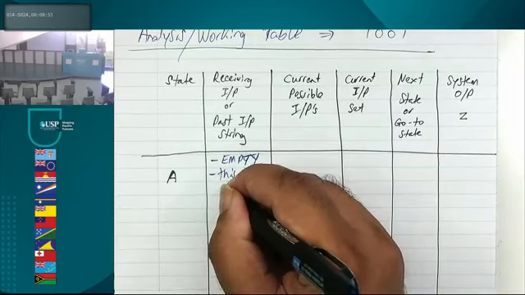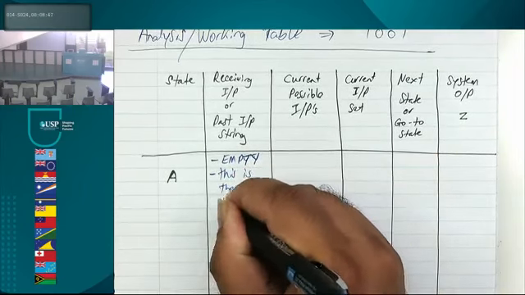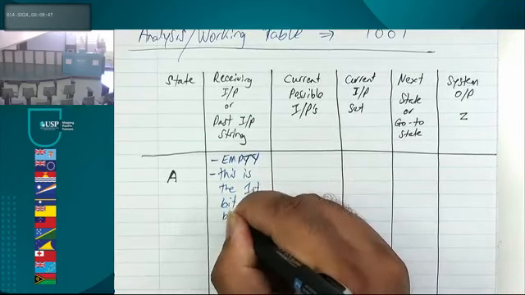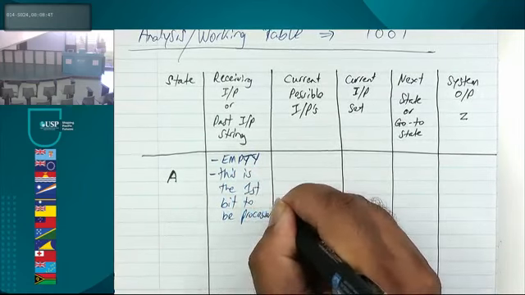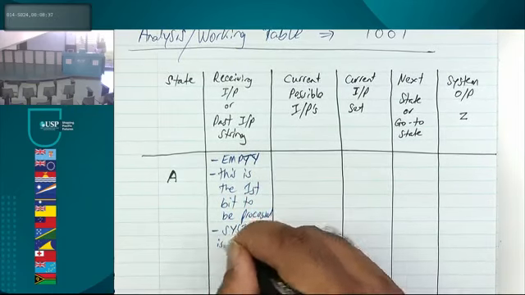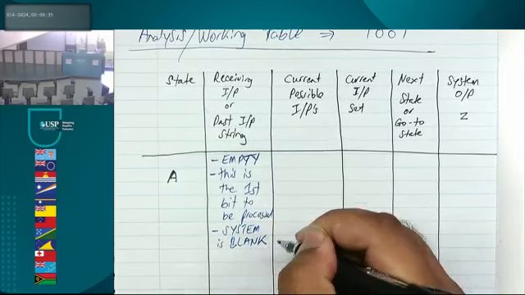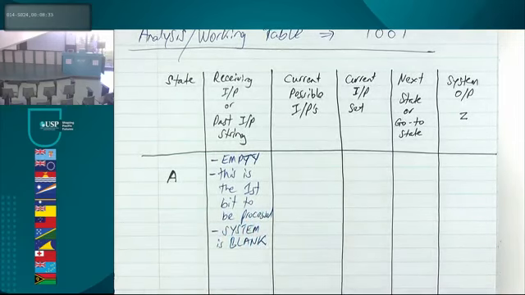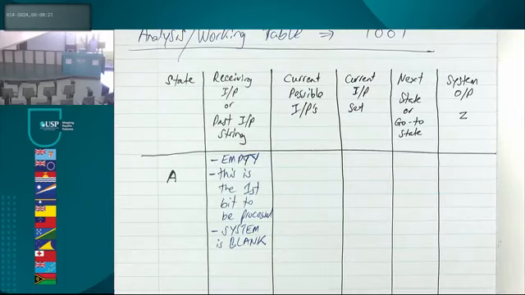We say this is the first bit to be processed. I'm just putting some notes down here. It's not that you have to do this in the exam. Even this whole table is unnecessary if you are good at the system, just like labeling the windows of the Karnaugh map is unnecessary if you know how to read the Karnaugh map.